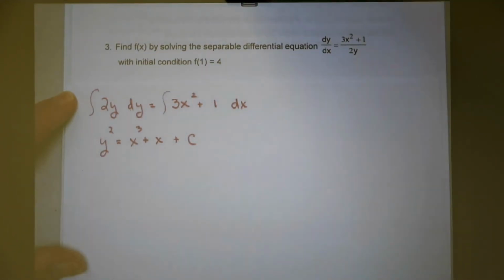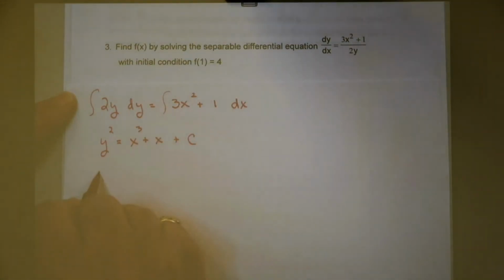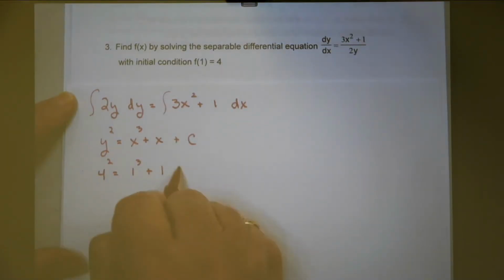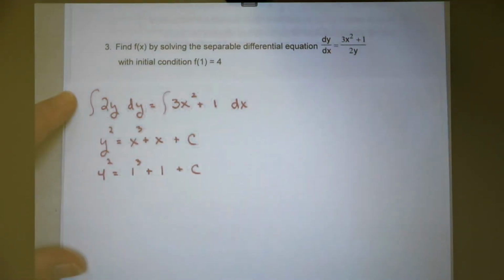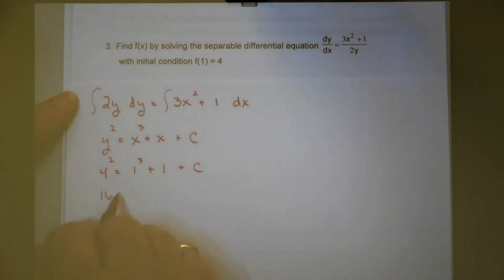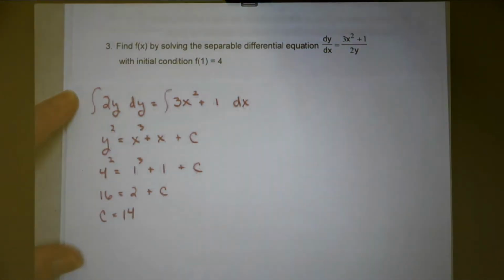Our initial condition, f of 1 is 4. So 4 squared is 1 cubed plus 1 plus c. See if we agree.